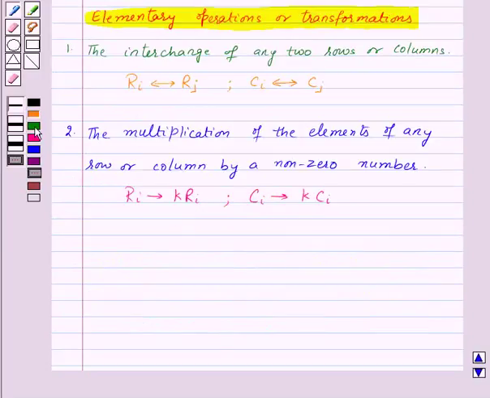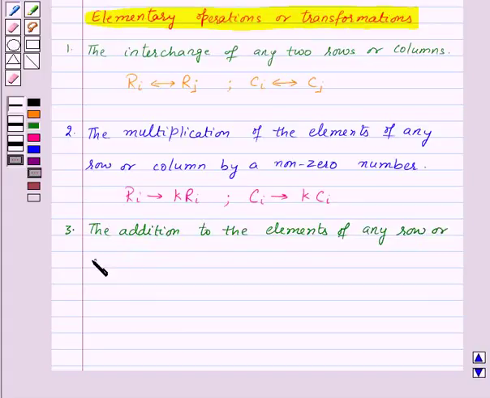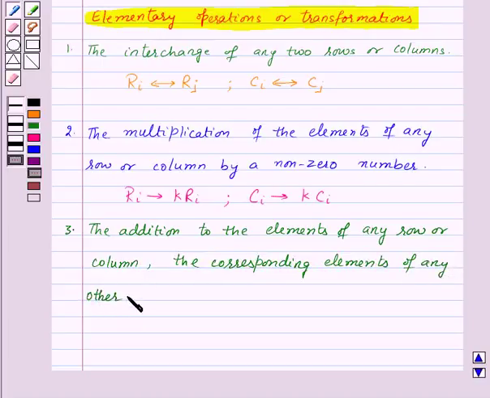And the third transformation is the addition to the elements of any row or column, the corresponding elements of any other row or column multiplied by any non-zero number.